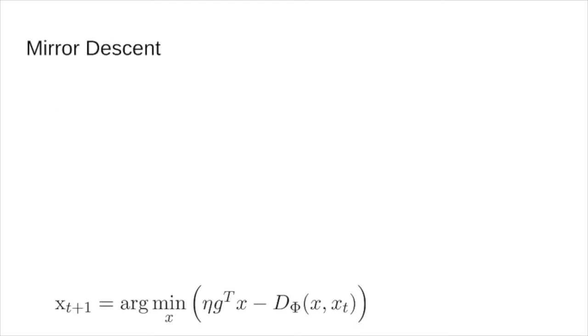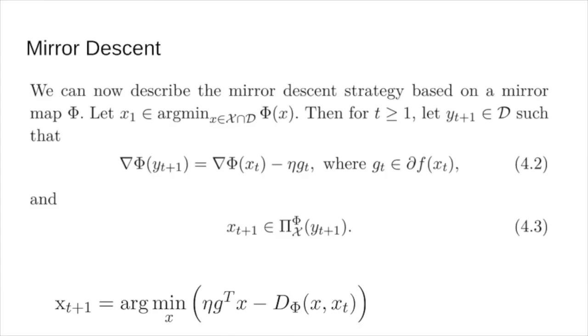So now that we've defined the Bregman divergence and phi, the mirror map, we're ready to look at mirror descent, the algorithm. Mirror descent on the bottom is how people actually think about and implement the algorithm.